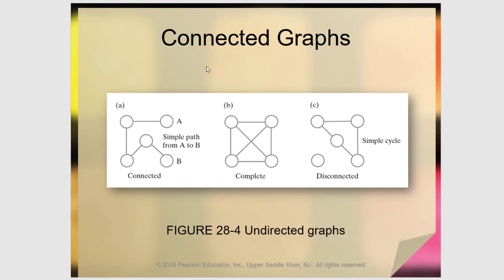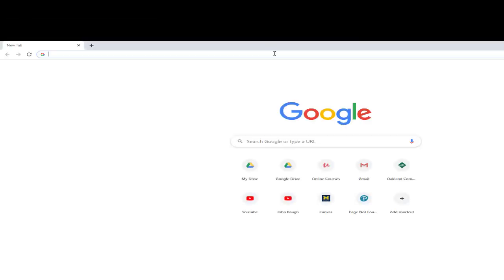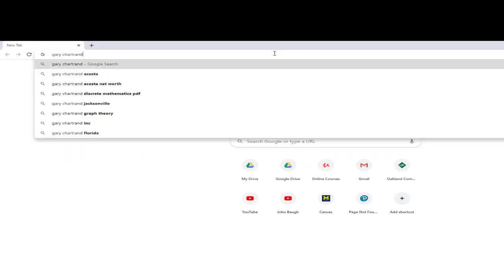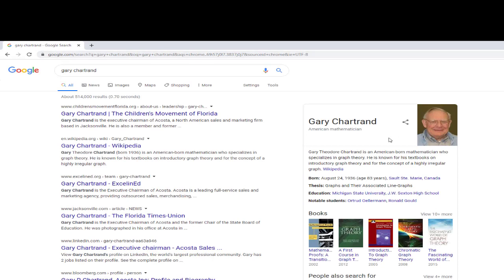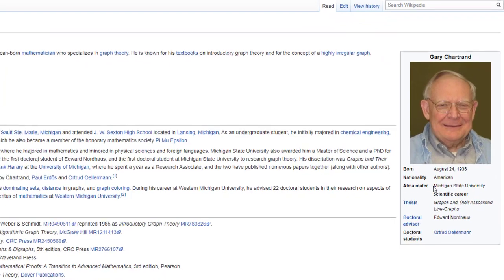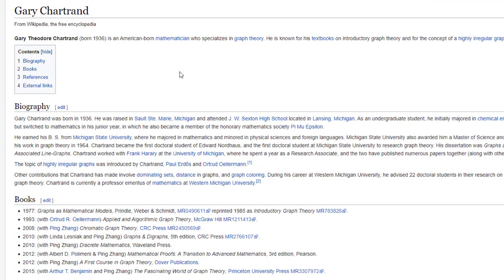And actually, one of the biggest names in graph theory, I think he's still alive, I think his name is Gary Chartrand. I always get his first name wrong. Yeah, he's still alive. I believe he is retired now. But you'll notice he actually graduated from Michigan State. I won't hold that against him. He's still very smart.